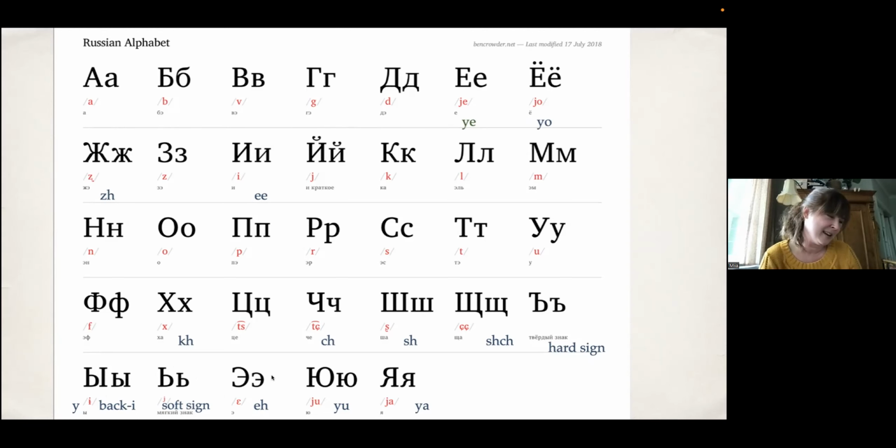And then this one is their E letter, and it is just pronounced like E. Okay.